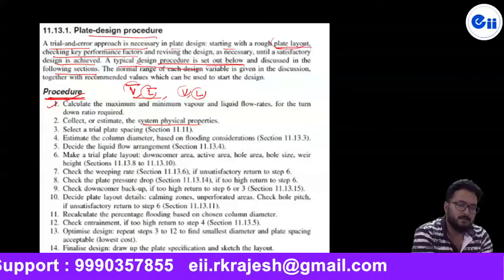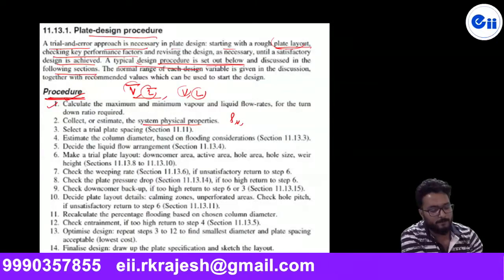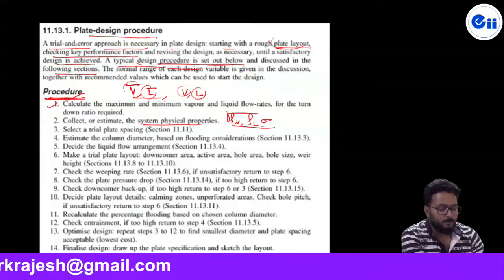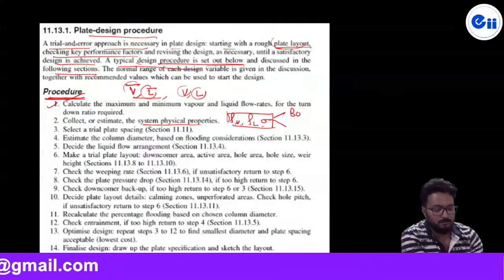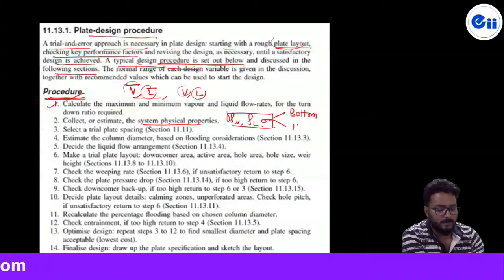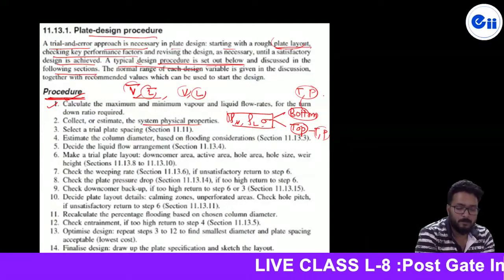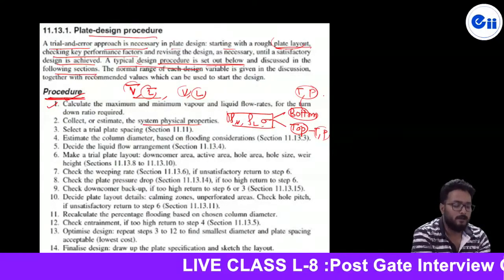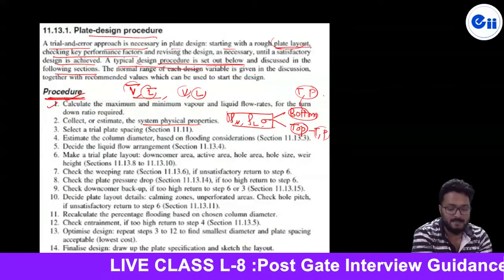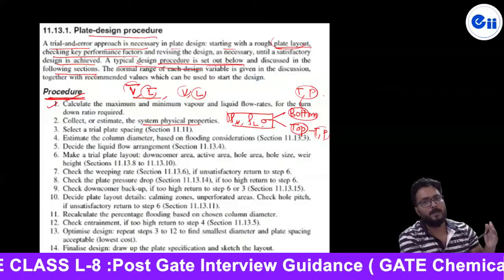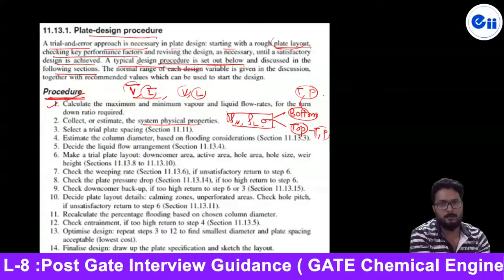That means we should calculate the density of vapor and density of liquid, and sometimes surface tension, at the top and bottom of the column respectively. Bottom means stripping section and top means rectifying section, because temperature and pressure at the top of the column differ from those at the bottom, and that is why the fluid properties like density and viscosity will also change. The first step is to calculate the vapor and liquid flows in both sections.